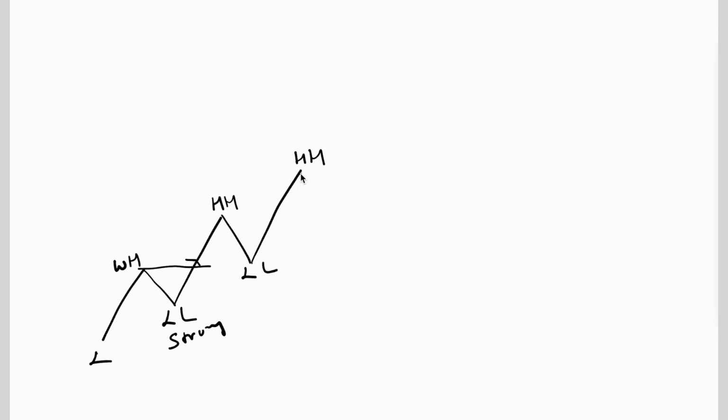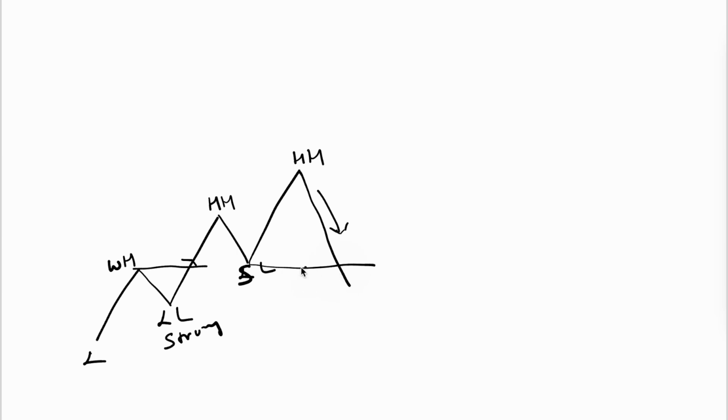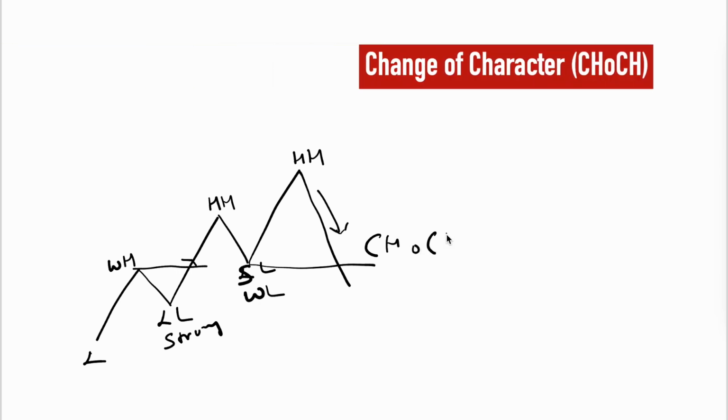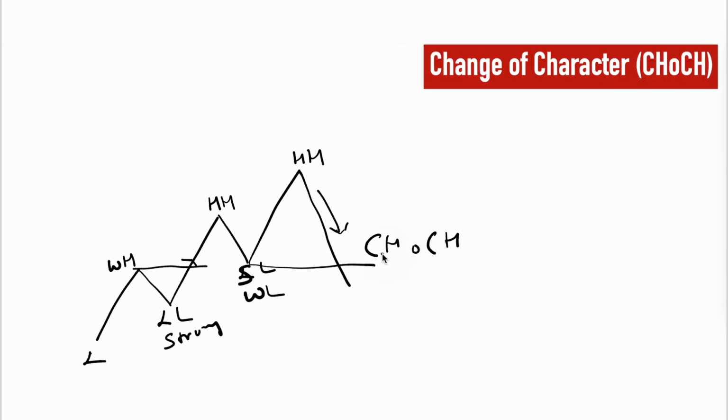Now for the market to move down, for the market to break this strong low, a lot of liquidity is required. When this strong low is broken, this becomes a weak low, and here we say there is a change of character in the market. This is also called CHoCH.